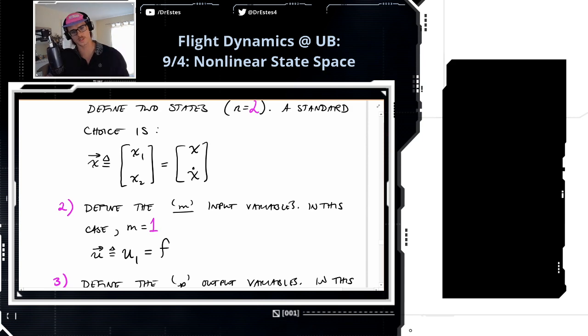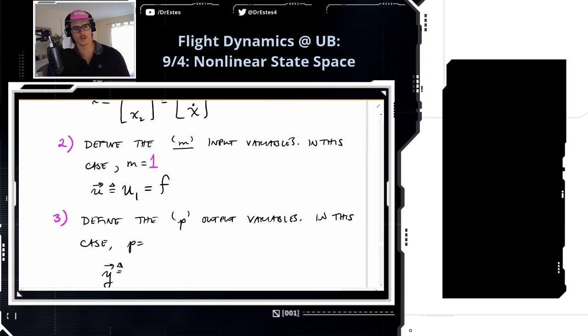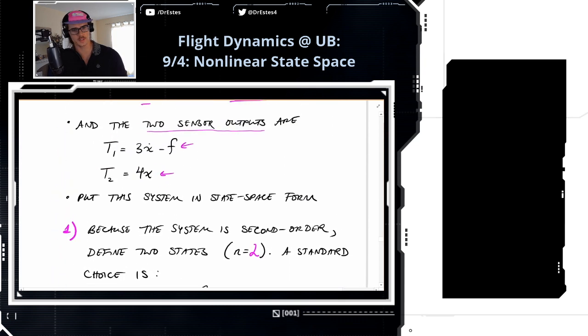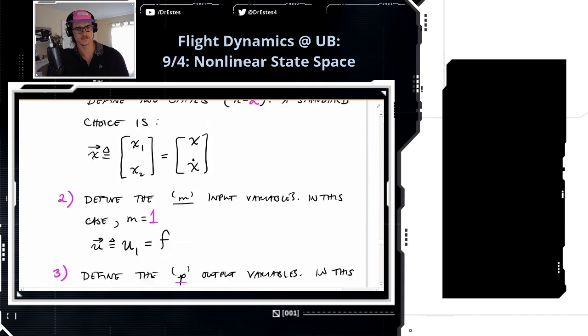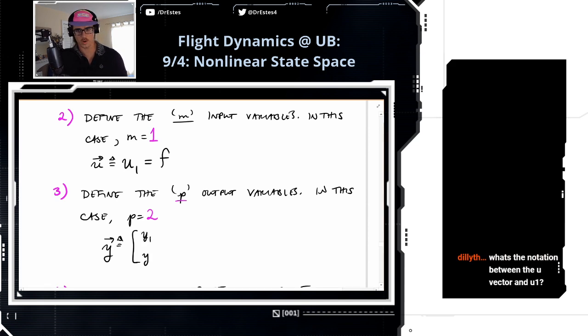At this point, we're just renaming variables. So that's the input. Now we have to look at the p output variables next. If we scroll back up, we have two system outputs, so p equals 2. And I'll call these outputs y1 and y2.